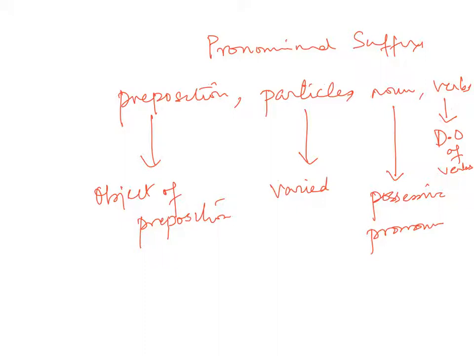Please bear that in mind. In particles, it can be any of this, depending on how it's functioning. And in verbs, it's a direct object of the verb. We deal with verbs in the next module, but it's good to remember that they function as direct objects of the verb, and therefore it will take an objective value.